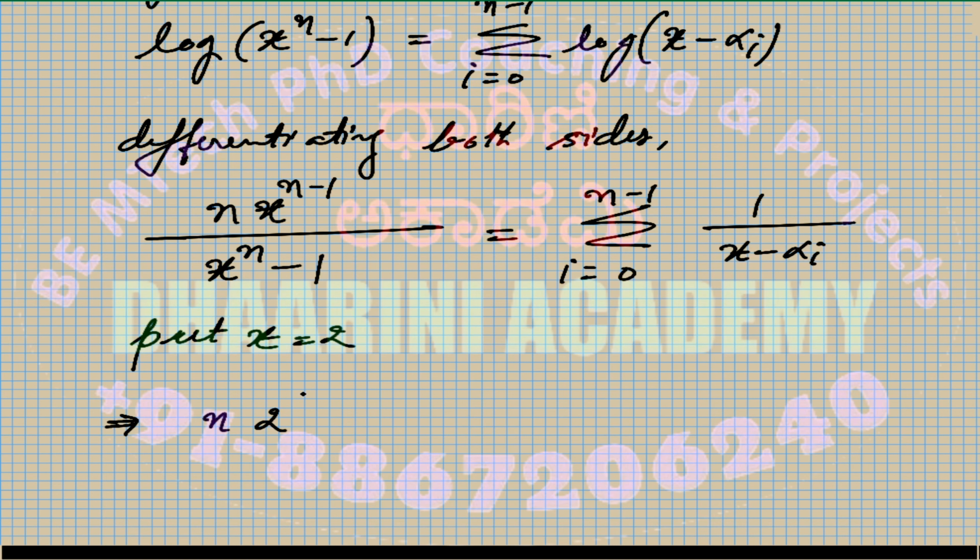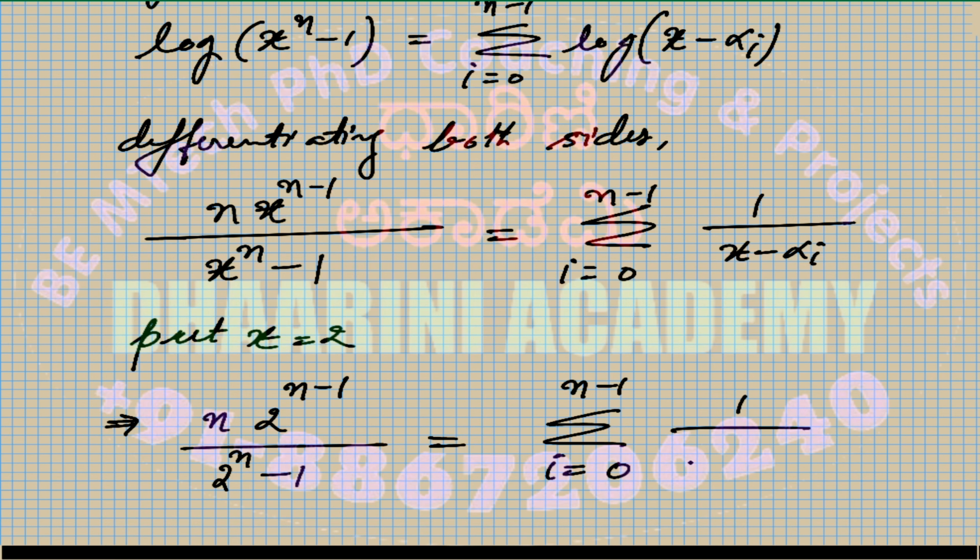So this is n times 2 to the n minus 1 divided by 2 to the n minus 1, which should be equal to the summation, i equal to 0 to n minus 1, of 1 divided by 2 minus alpha i.